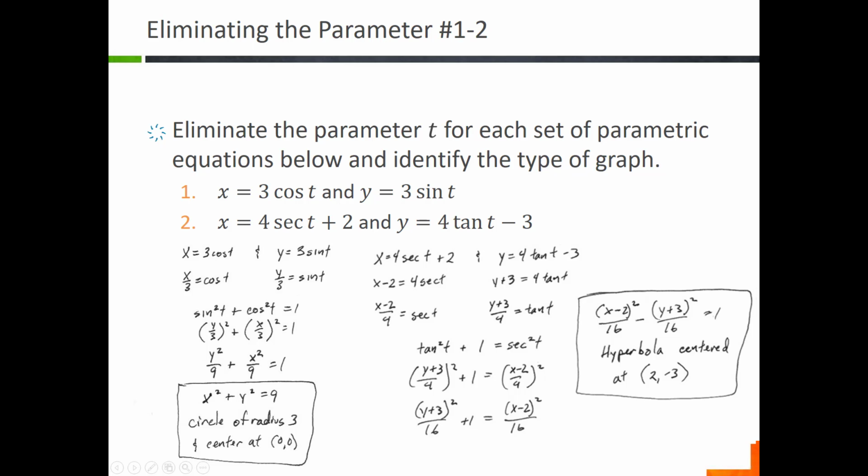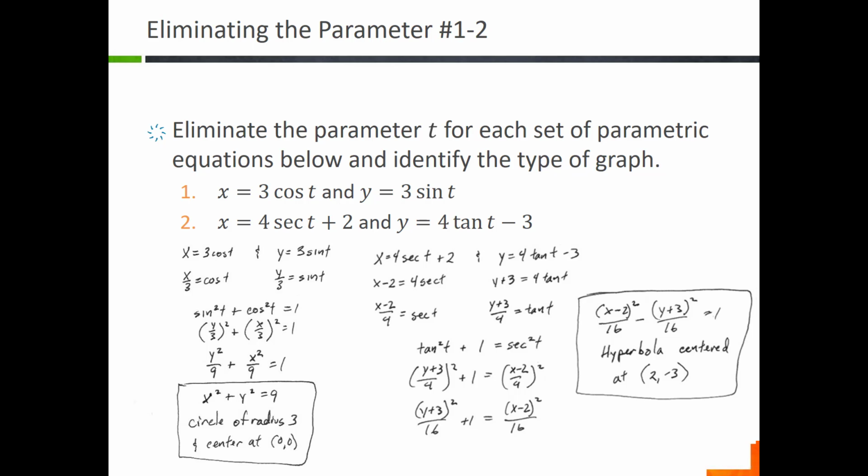If we simplify a little bit, we get y plus 3 quantity squared divided by 16, plus 1, is equal to x minus 2 quantity squared divided by 16. I'm going to take one more step and simplify this.